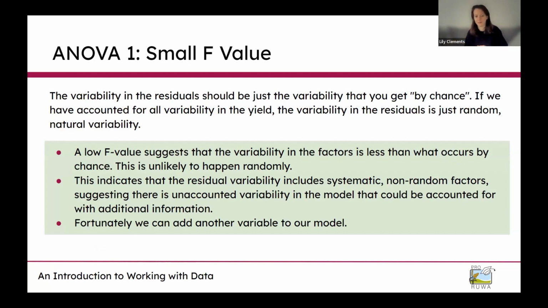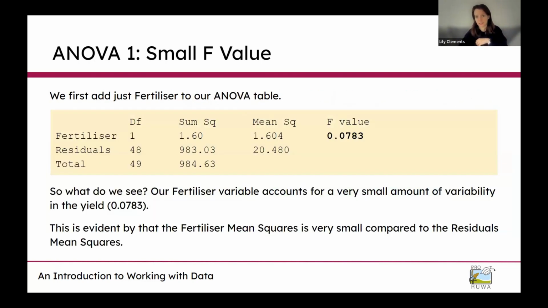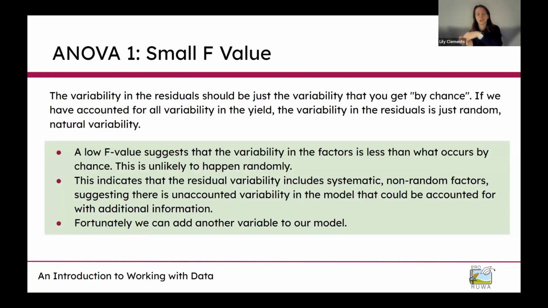A low F value suggests that the variability in the factors, in our case the fertilizer levels, is less than what occurs by chance, i.e. the variability in our residuals.